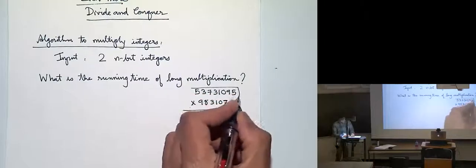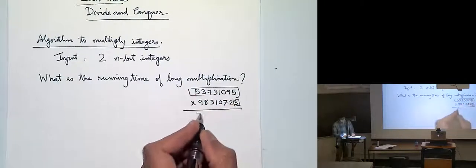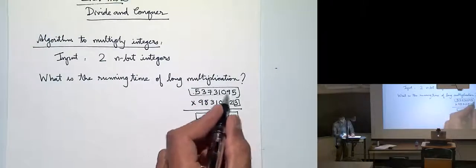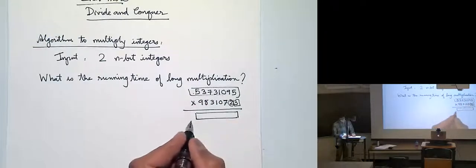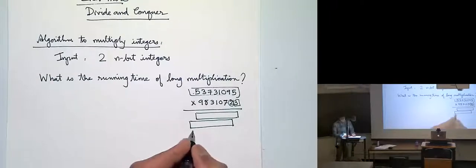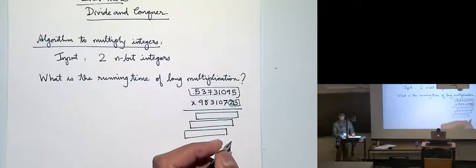So you multiply this with this, and you write that down here. Then you multiply this long number with the next one, and you write that down there. And you multiply, and you write it down there. Isn't that what you do?